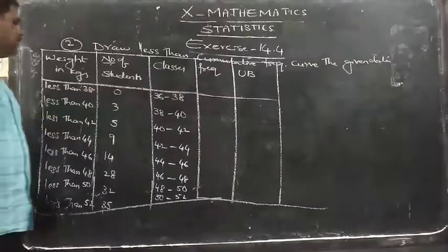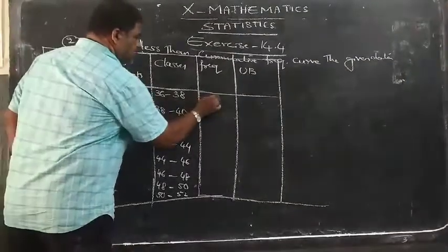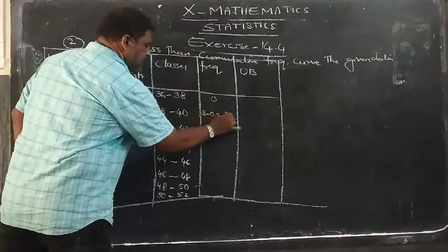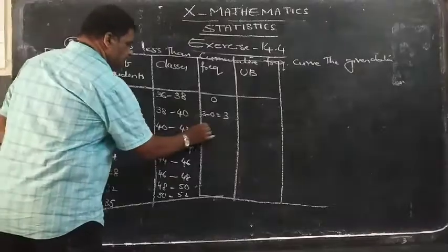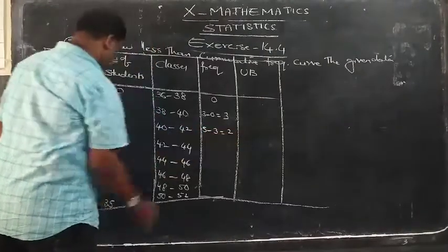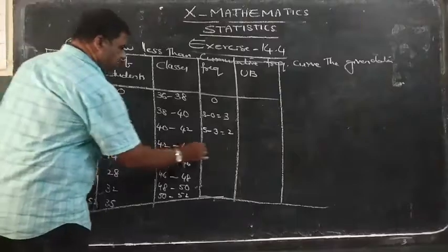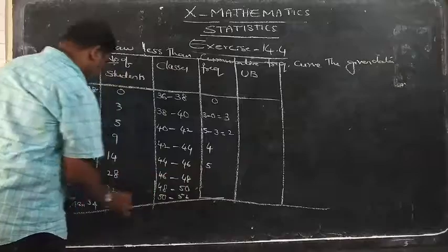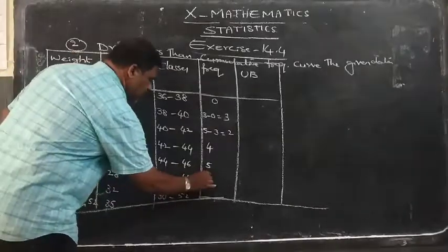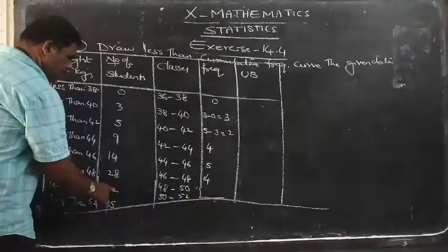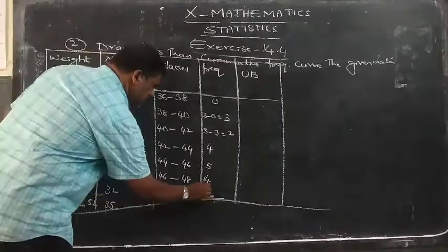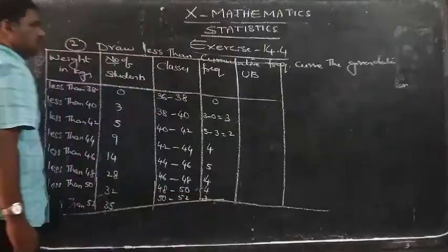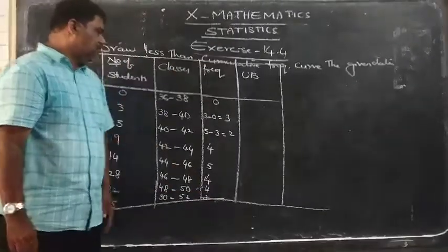Therefore, to write the frequency we should subtract them. 0, next 3 minus 0 is 3, next 5 minus 3 is 2, next 9 minus 5 is 4, 14 minus 9 is 5, 28 minus 14 is 14, 32 minus 28 is 4, 35 minus 32 is 3. So like this we should prepare the frequency column.